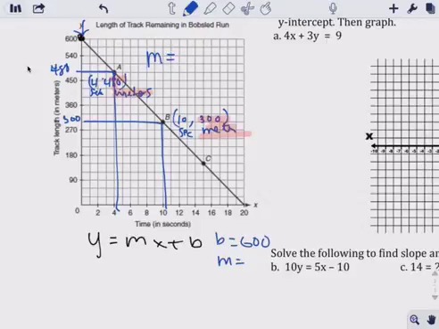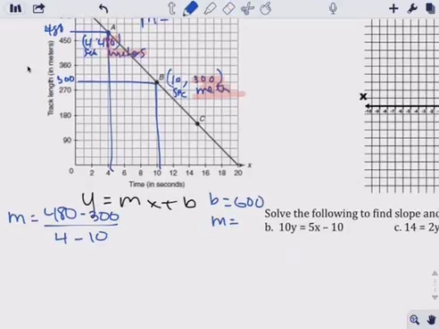So m equals 480 meters subtract 300 meters over 4 seconds minus 10 seconds. That gives you the slope is 180 over -6.